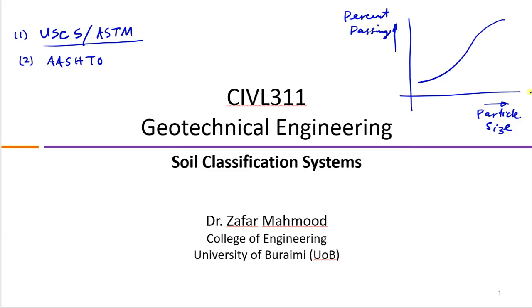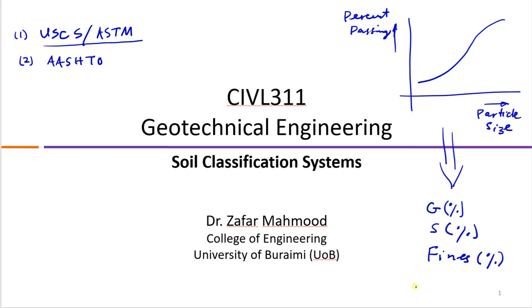Sometimes we also call it percent finer. From here we get the percentage of gravel, the percentage of sand, and the percentage of fines. How much is the fines in this soil?